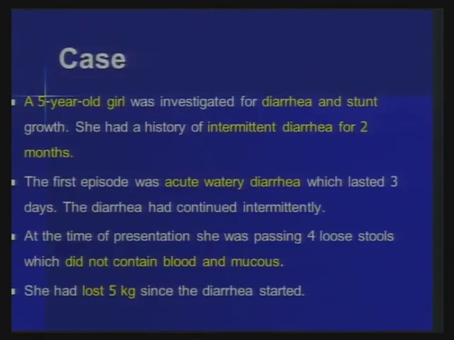Okay, a keyword from the case, you should look at the keywords. 5 years old, diarrhea and stunting, intermittent diarrhea for 2 months. It means that she has chronic diarrhea, right? And it does not contain blood and mucus. It means that it's not invasive.